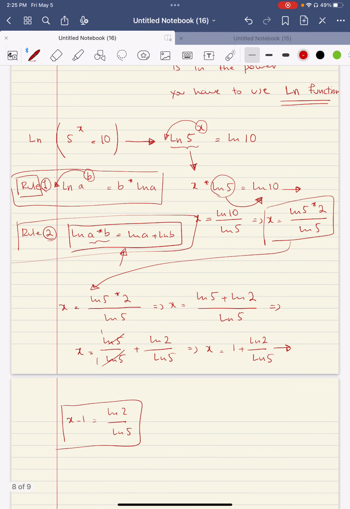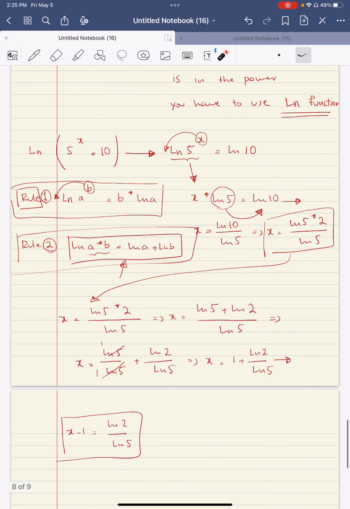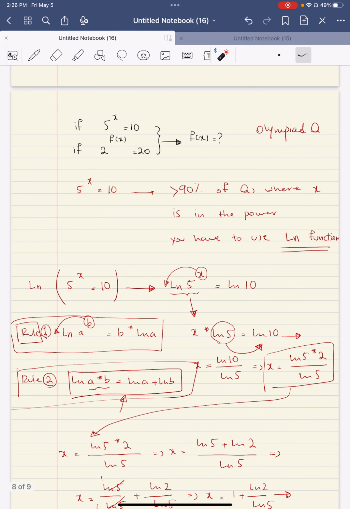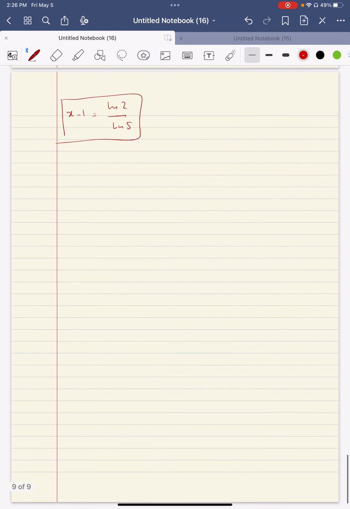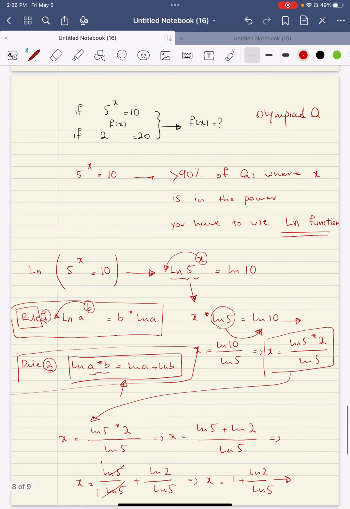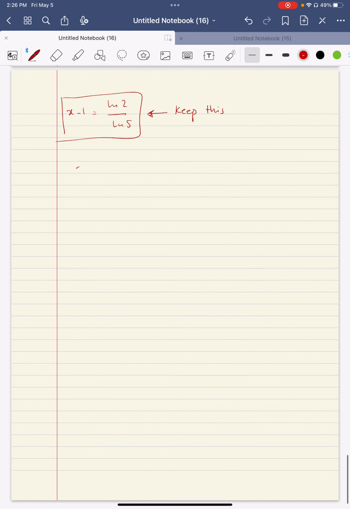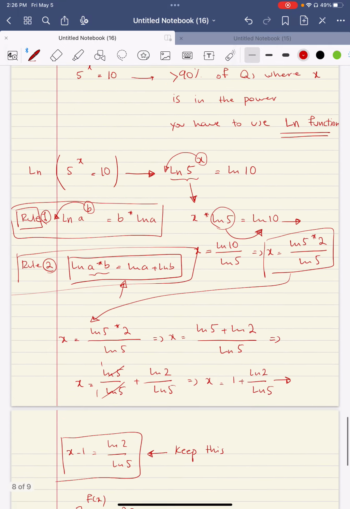Let's see what else we have in here. We have this guy here as well: 2 to the power of f(x) equals 20. So we will memorize it. We will keep this somewhere, and we will go ahead with the rest of the question. So we had 2 to the power of f(x) equals 20, right?